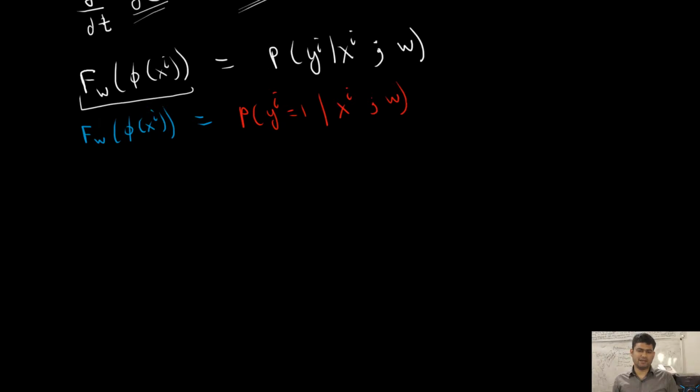So the probability of yi being 0 is just 1 minus this function. So 1 minus this function is the probability of yi being 0.